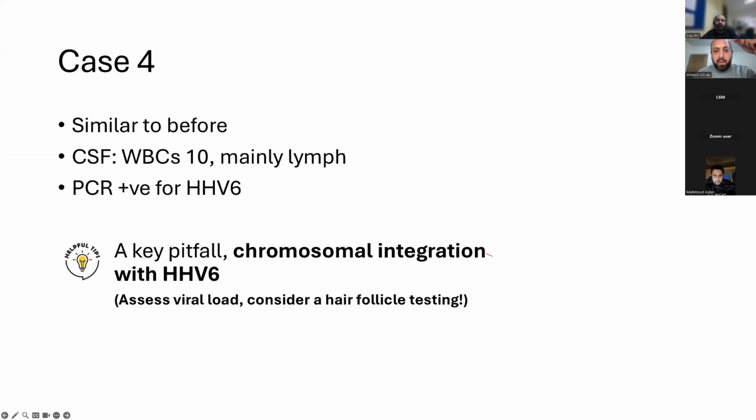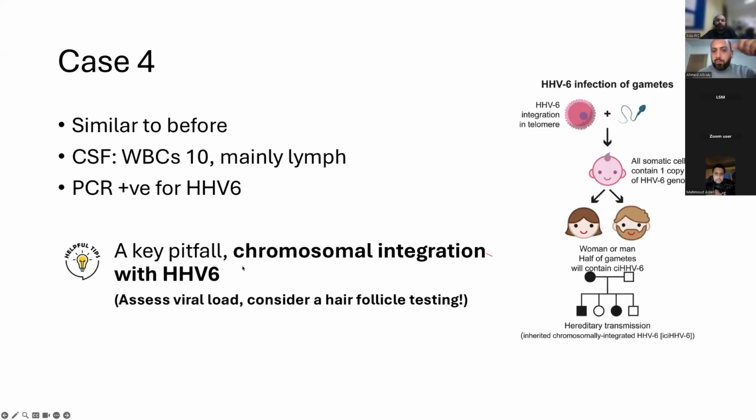If it came from a previous generation, like from one of your parents, or even an inactive infection from a long time ago, it should be positive in the hair follicle. However, if this is an acute infection, it should be only in the CSF.